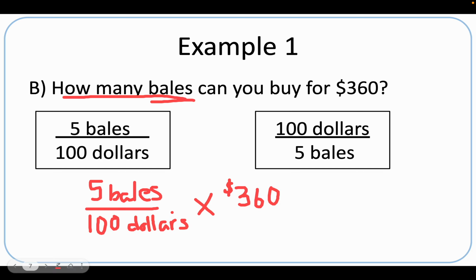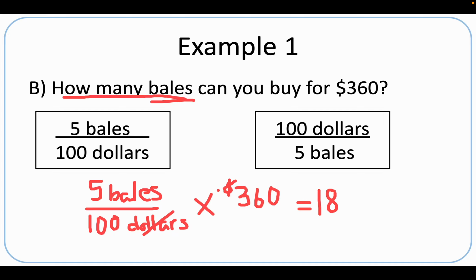Okay, so then our dollars are going to cancel out, and then we can go ahead and do the math. So we could reduce this fraction from 5/100ths to 1/20, and then multiply it by 360. So then you're really saying 360 divided by 20, which would be 18.